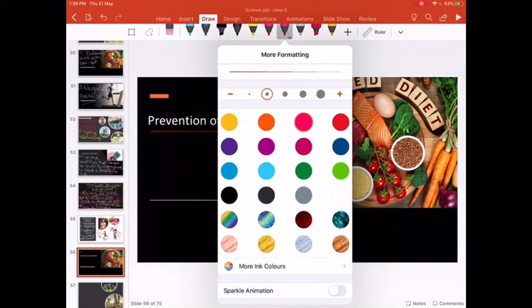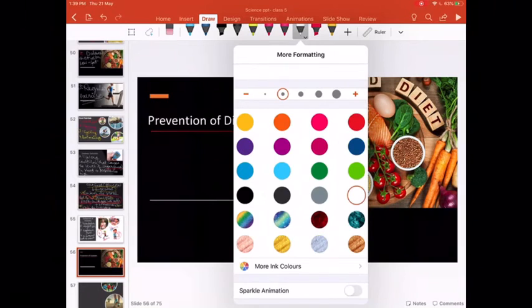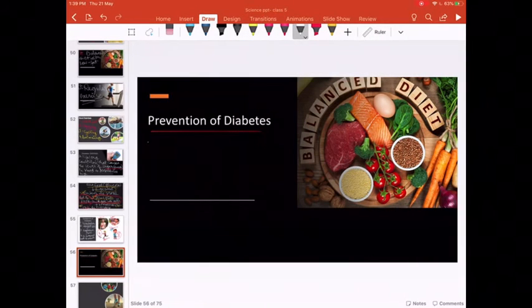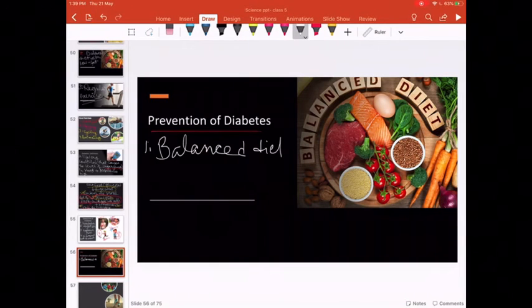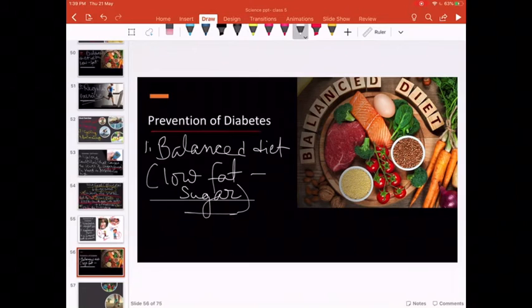See, everywhere, even in obesity we saw that we need to have a balanced diet with low fat and sugar.